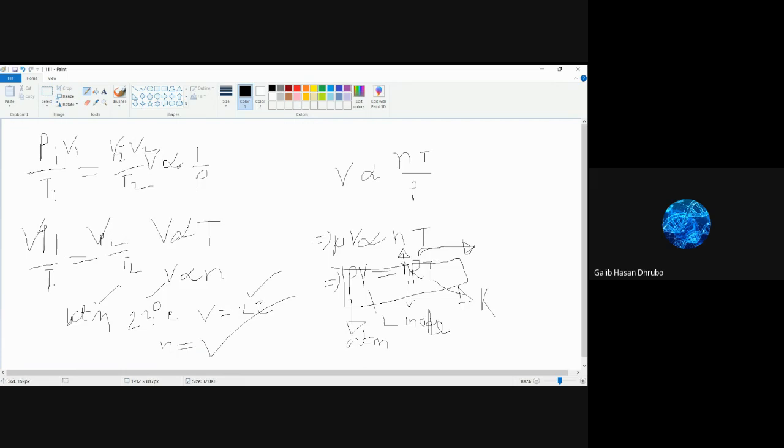If the variables given are, say, volume and temperature, and the others are constant, then you have to use P1/T1 = P2/T2. Or if the number of atoms is constant, then P1V1/T1 = P2V2/T2. So these are the equations and the way to solve the problems.